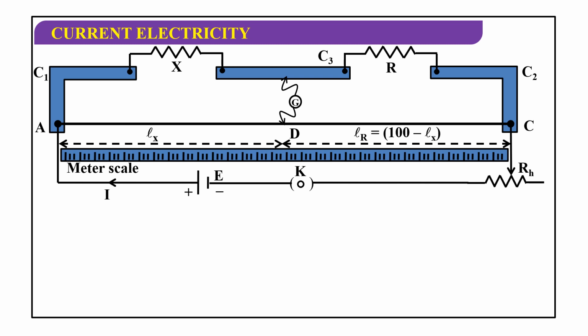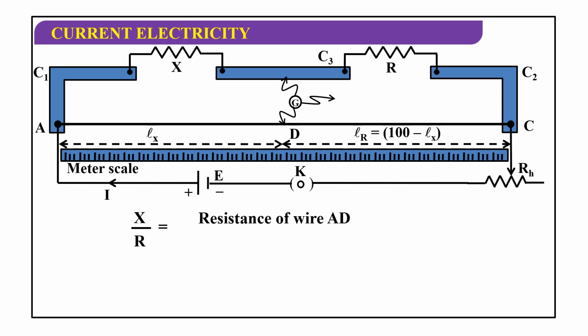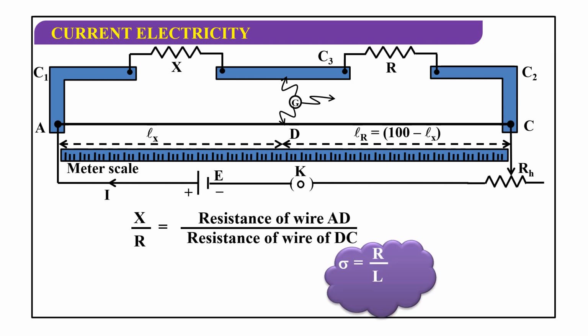Now, by the principle of Wheatstone Bridge, X by R is equal to resistance of the wire AD divided by resistance of the wire DC. Now, sigma is equal to R by L. Sigma is a constant, its resistance per unit length.